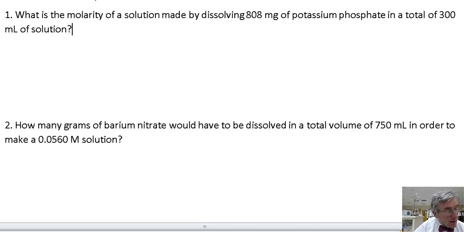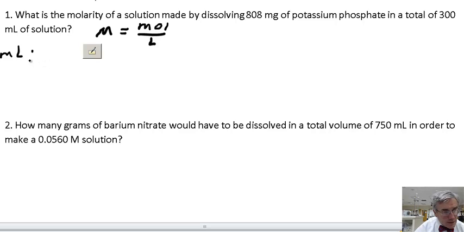Actually, the first thing we need to do is convert milliliters to liters so we know what the volume is. That's pretty simple. We've got 300 milliliters, and to convert that to liters, because remember molarity is equal to moles over liters, we do that first.